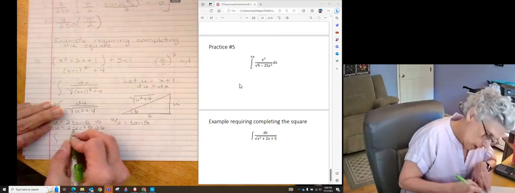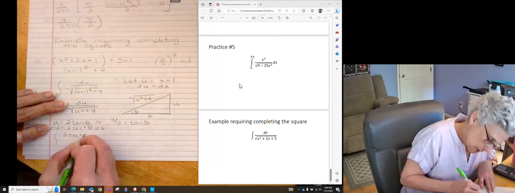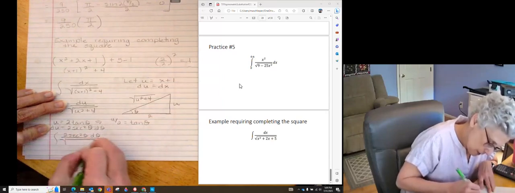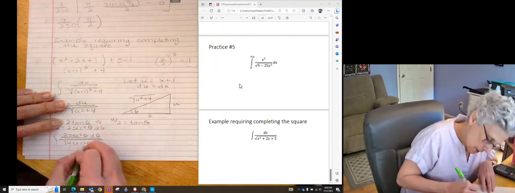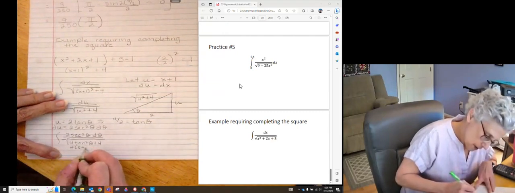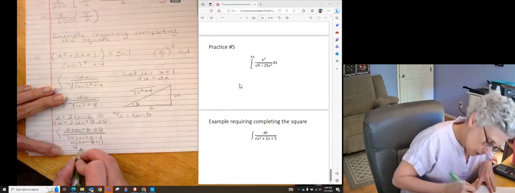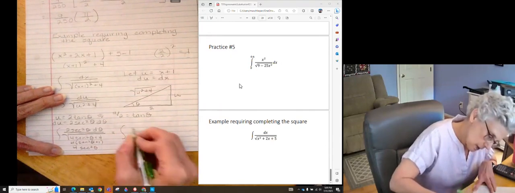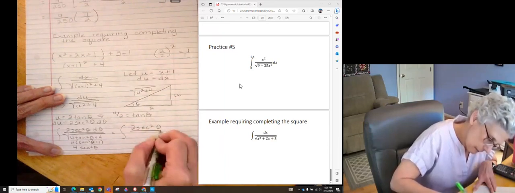So this is the integral of 2 secant squared of theta d theta living on top of the square root of u squared plus 4, so 4 tangent squared of theta plus 4, which is 4 times tangent squared of theta plus 1, which is 4 times secant squared of theta.